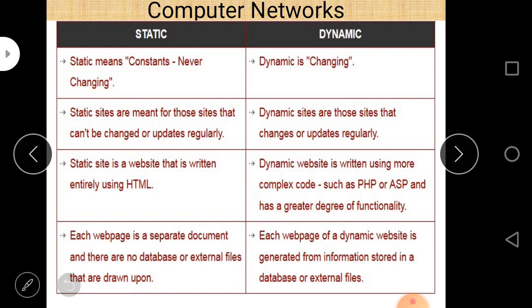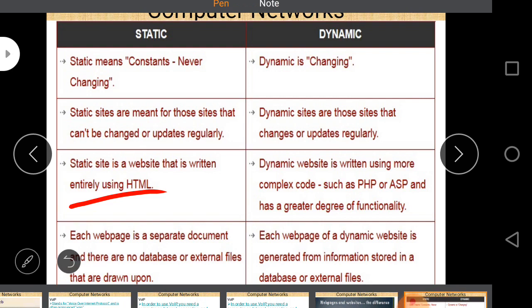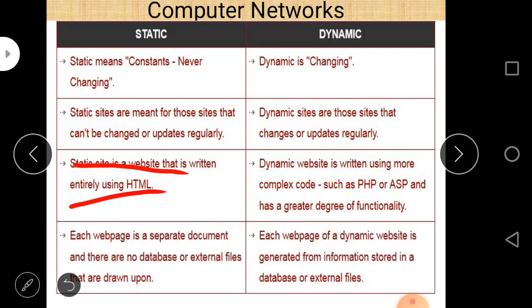A static site is a website that is written entirely using HTML. This is very important. A dynamic website is written using more complex code such as PHP or ASP, Active Server Pages, which has a greater degree of functionality.